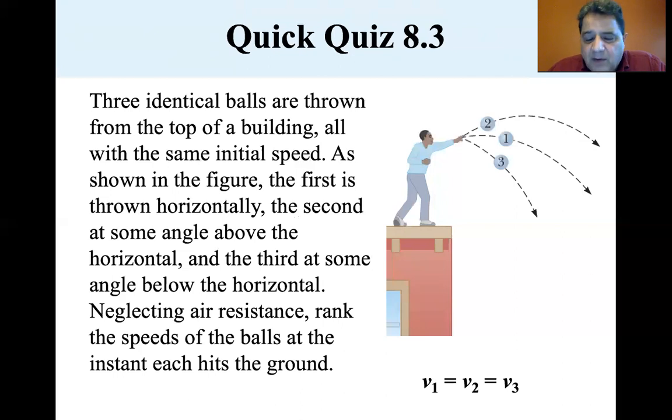But all three balls have the same speed at the moment they hit the ground because all start with the same kinetic energy, and because the ball-Earth system undergoes the same change in gravitational potential energy in all cases. So delta U_G is the same in all cases because they're all starting from where he is launching them from his hand.